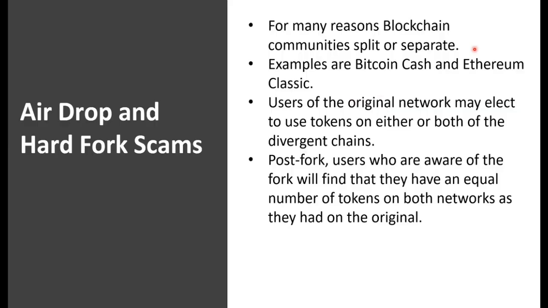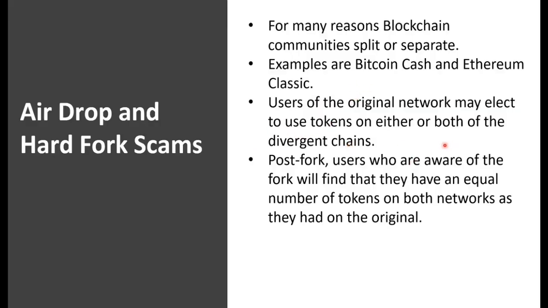Many times it's because of irreconcilable differences. Bitcoin Cash and Ethereum Classic are two examples of the separation of blockchain communities. Bitcoin Cash is a spin-off or a hard fork of Bitcoin, and Ethereum Classic is a spin-off or a hard fork of the original Ethereum.